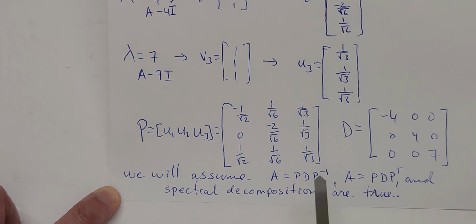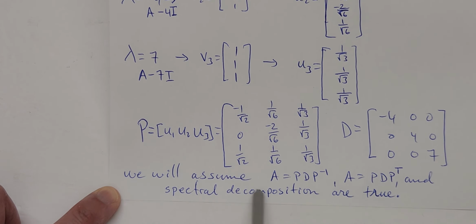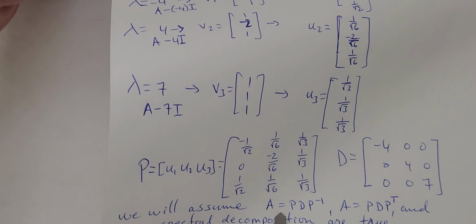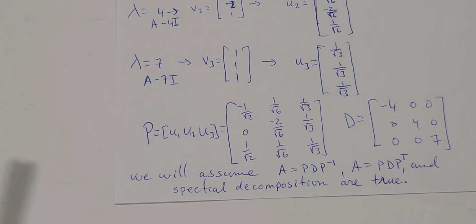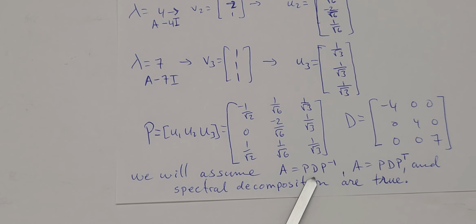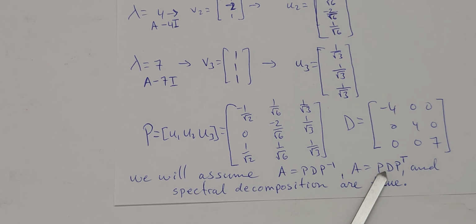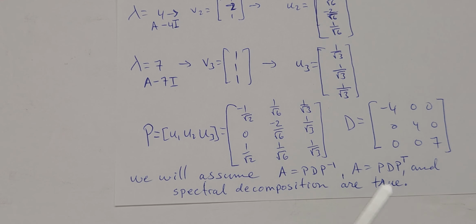We'll just assume that the normalized, the orthogonal normalized, and the spectral decomposition are true. I'm going to shorten this so that the video is not too long, but if you can, try to do that on your own, and the answer will come out.